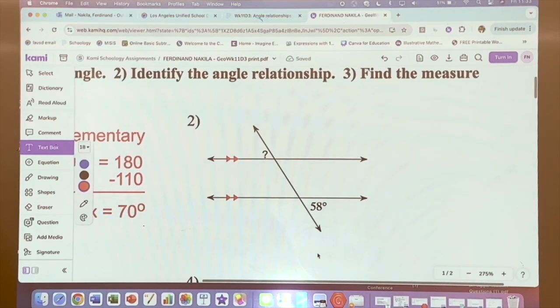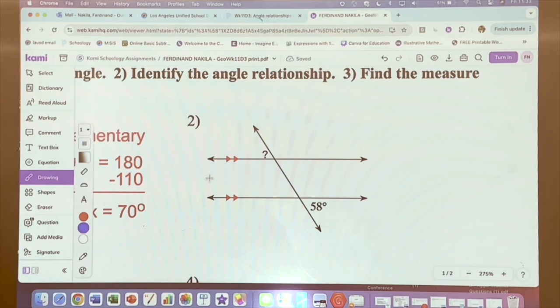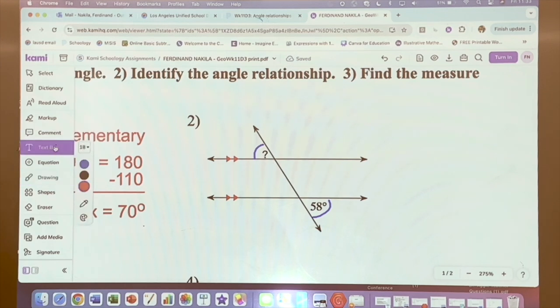Number 2. Let's draw an arc of the angle identified. For those who already know, you don't need to do the arc anymore, but for those who are visual, the arc actually enhances the idea that these are the angles that are identified. So what's the name of this angle relationship? That is alternate exterior angle.